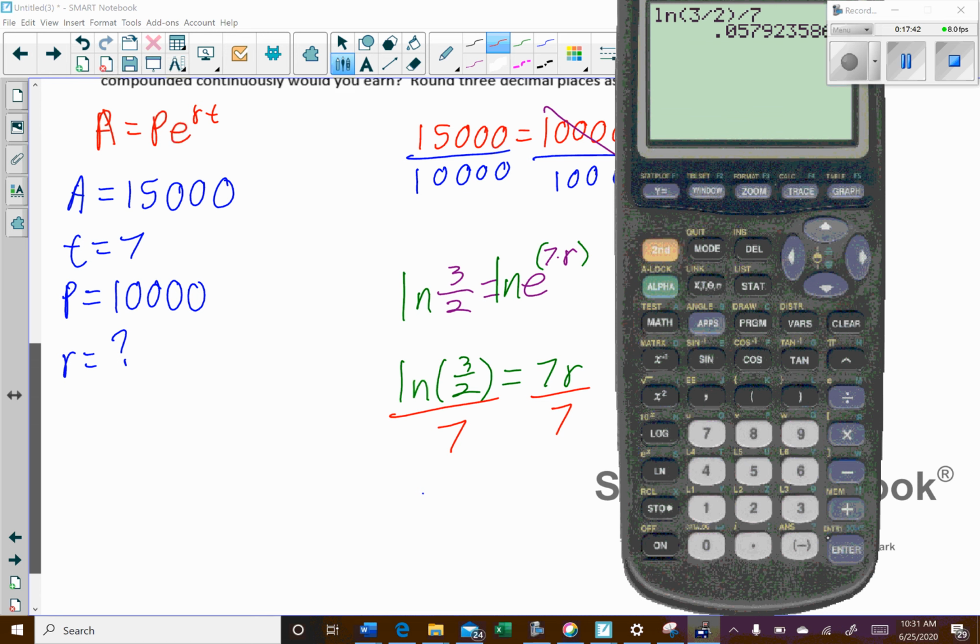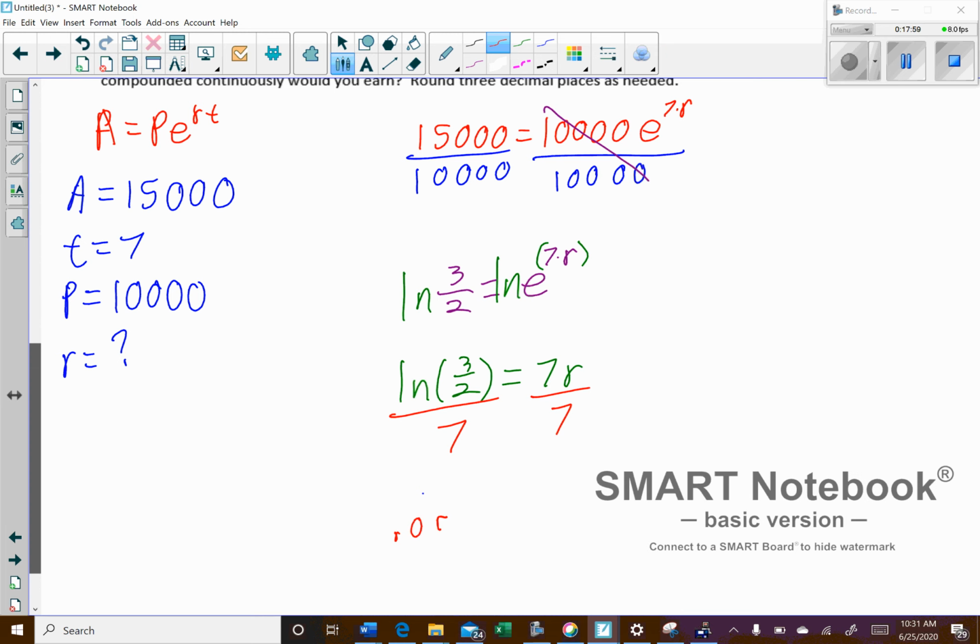And so we get, it said to go 3 decimal places. 0.0579. I'm going to go a couple more decimal places, and I'll tell you why in a second. The reason is you'll have to check when you're doing your homework because I can't remember.